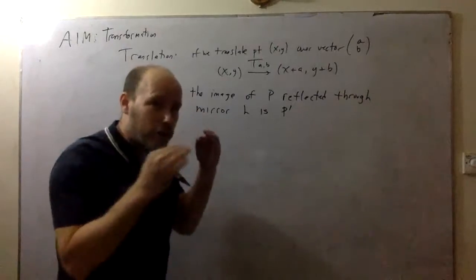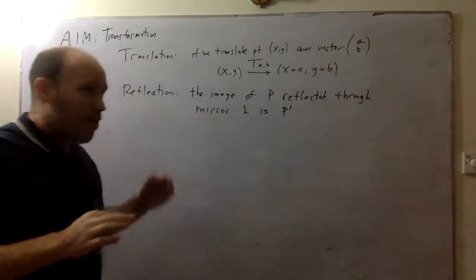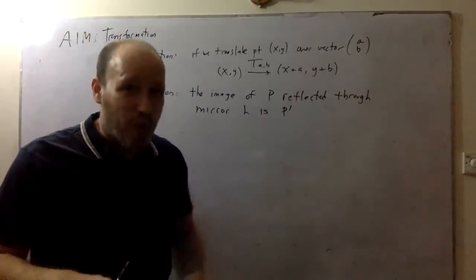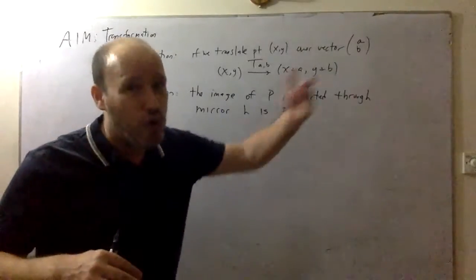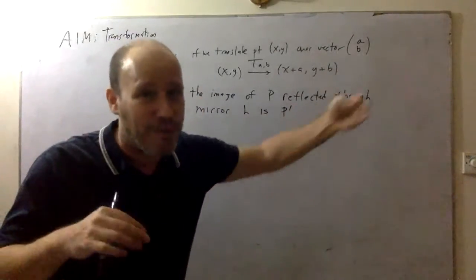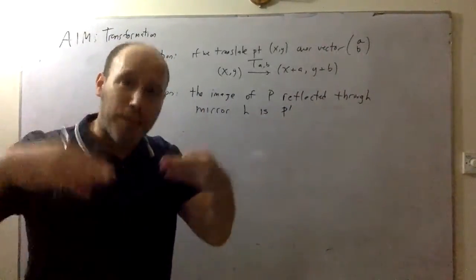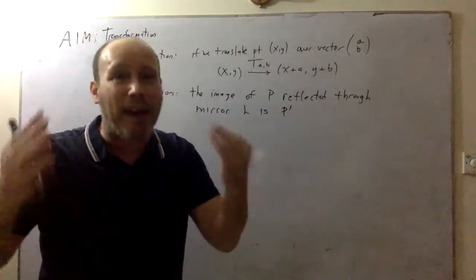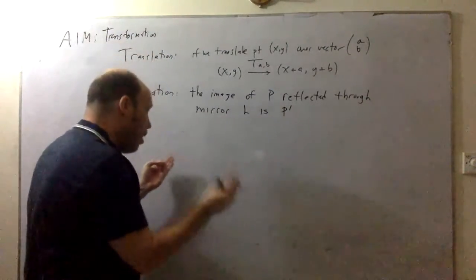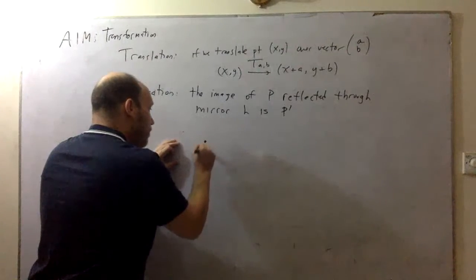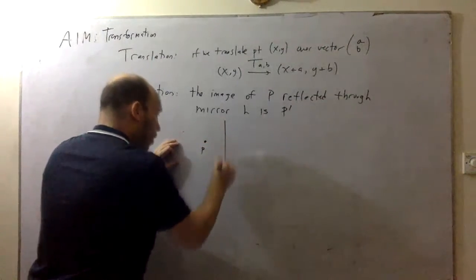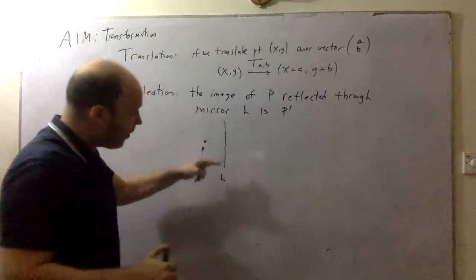We know what it looks like. Once again, when you look at your reflection in a mirror, there isn't another you on the other side of the mirror, whatever that means. But let's create a mathematical reality. We have a point P, and we have a mirror, which is a line L. It could be a line or a segment.